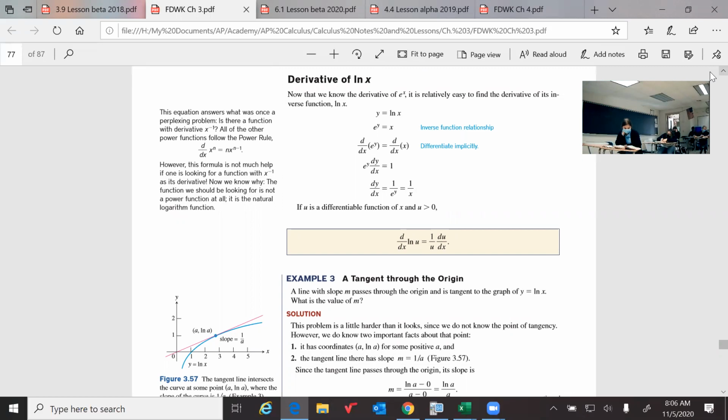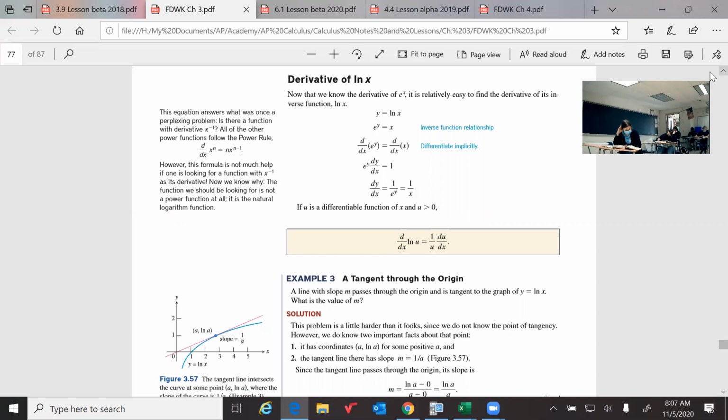So the derivative of the natural log of x. I have y equals ln x, which is the inverse function of y equals e to the x. Another way to write that is x equals e to the y. So if x equals e to the y, we're going to differentiate that.